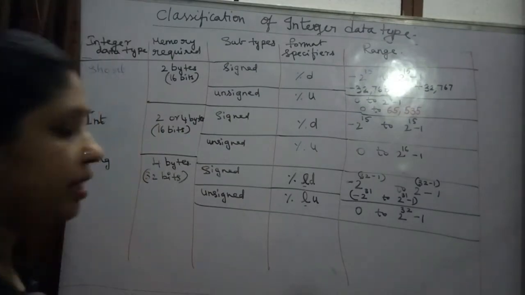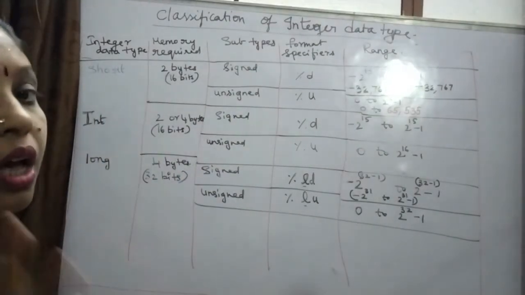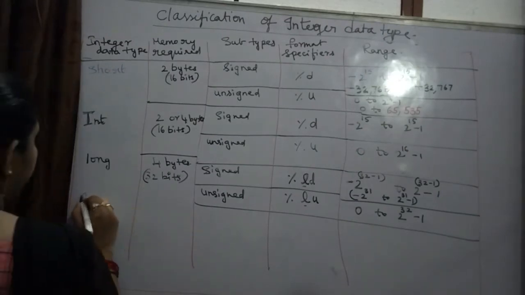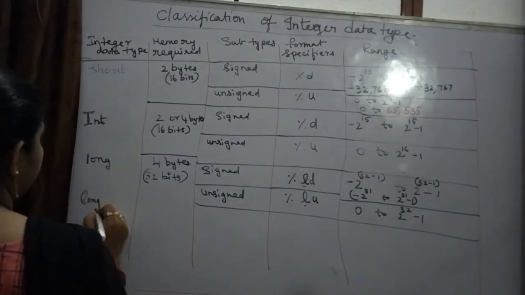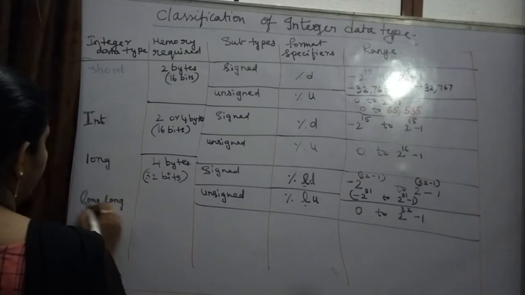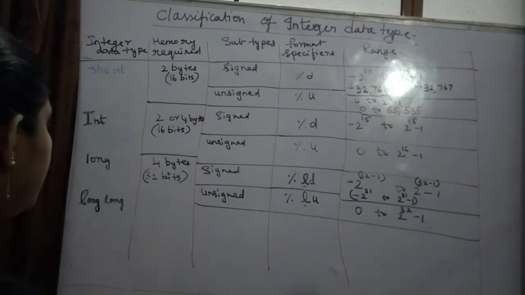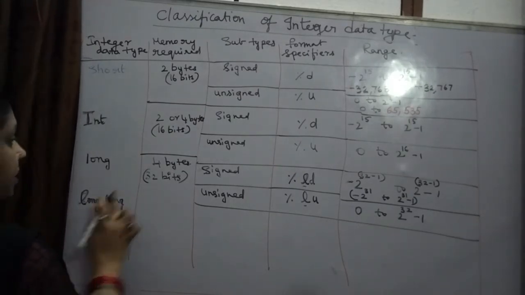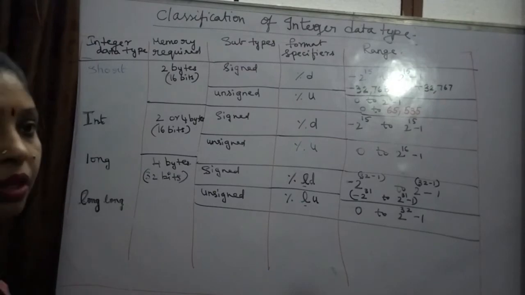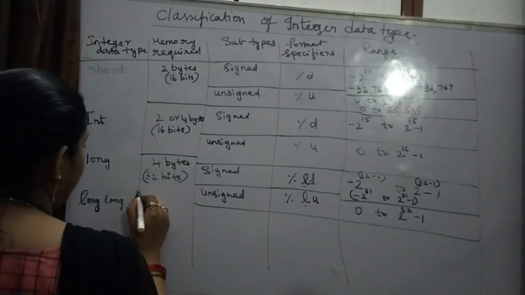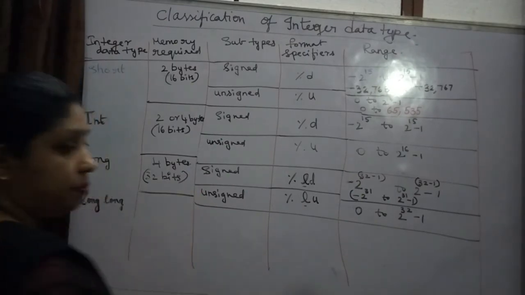Now the next and last one is long. Here I am going to write long. Long is one of the sub classifications of the integer data type. So this is the double of long. You may think how much memory it's going to take.